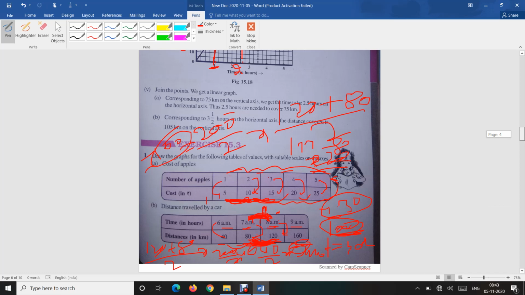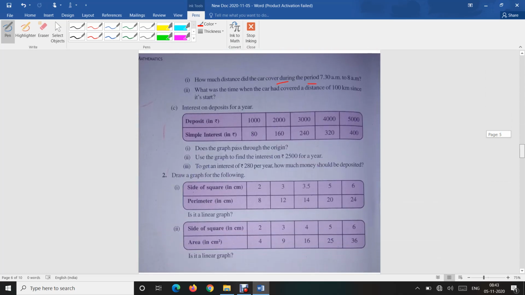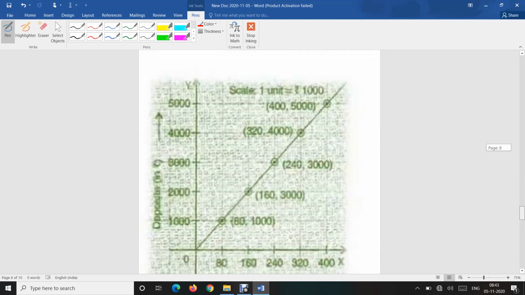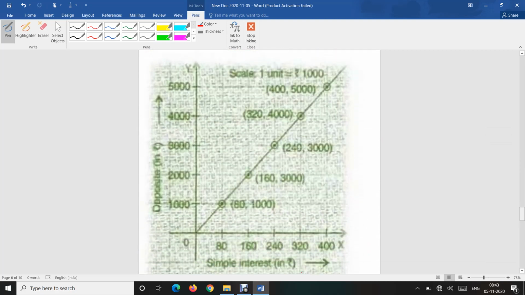Now see the next part, which is part C, interest on deposit for a year. You have to draw this graph yourself. Let us have a look at the graph. Simple interest is on the x-axis and the principal on the y-axis. When the simple interest is 80, principal is 1000.